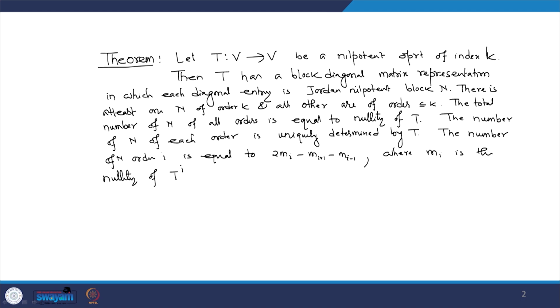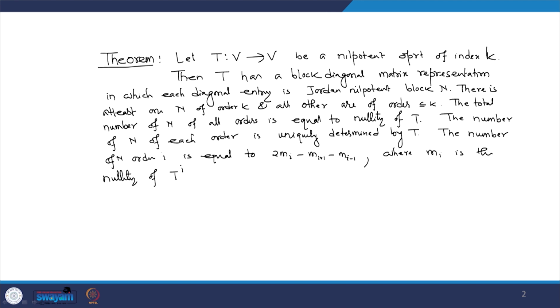If you consider T to be a linear operator on a finite dimensional vector space V of index k, then T has a block diagonal matrix representation in which each diagonal entry is a Jordan nilpotent block, denoted by say capital N. We already defined what we mean by a Jordan nilpotent block, which is basically some sort of shifting operator.